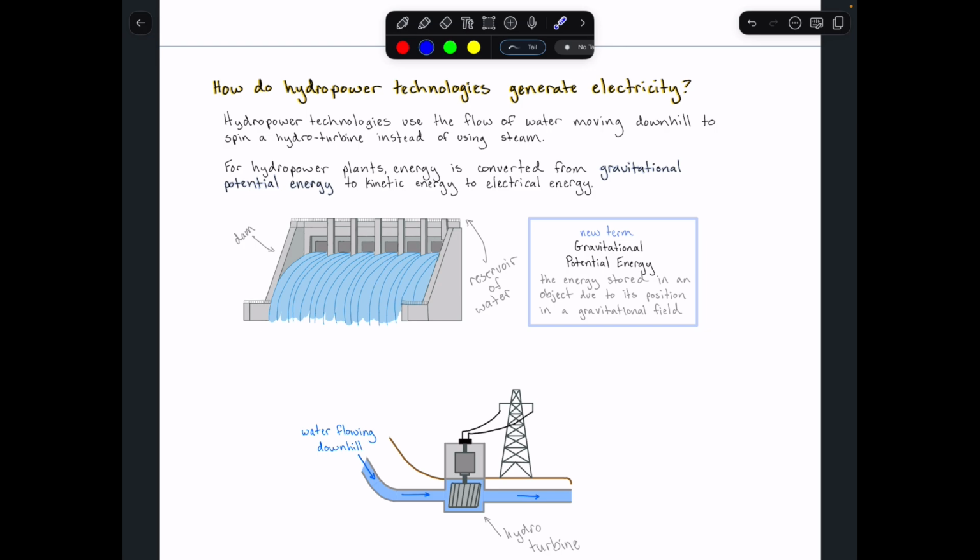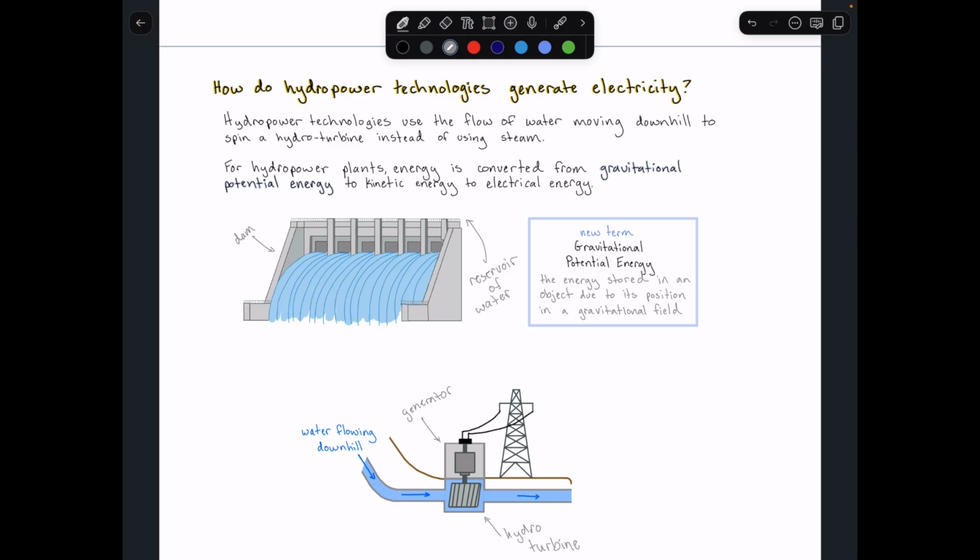And similarly to the other types of power plants we have discussed, that hydro turbine, just like the steam turbines and the gas turbines we talked about, is connected to a generator. So I'll just label the generator here. Which takes that rotational kinetic energy and turns it into electrical energy.